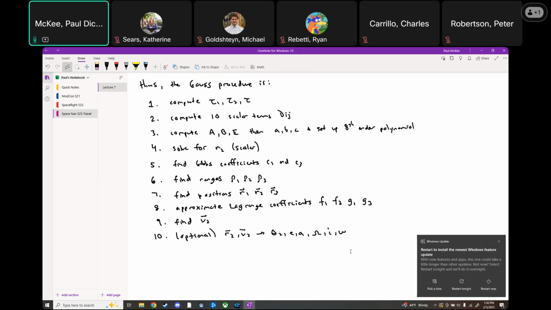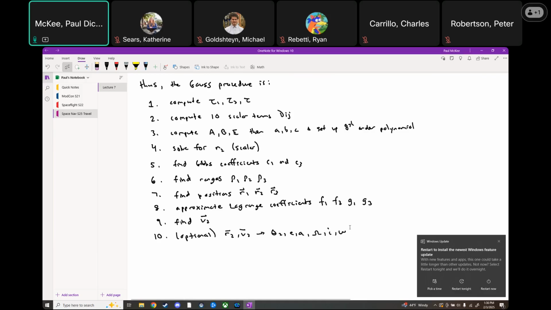Exactly. But then that introduces its own problem, right? Because didn't we learn before that orbit determination problems are more observable the longer the time is between measurements? So we create this problem where if you wait a long time to let your orbiting body move a whole bunch so that you have better observability, you're actually hurting your linearization approximation here. So Gauss's procedure is going to kind of bite you either way.